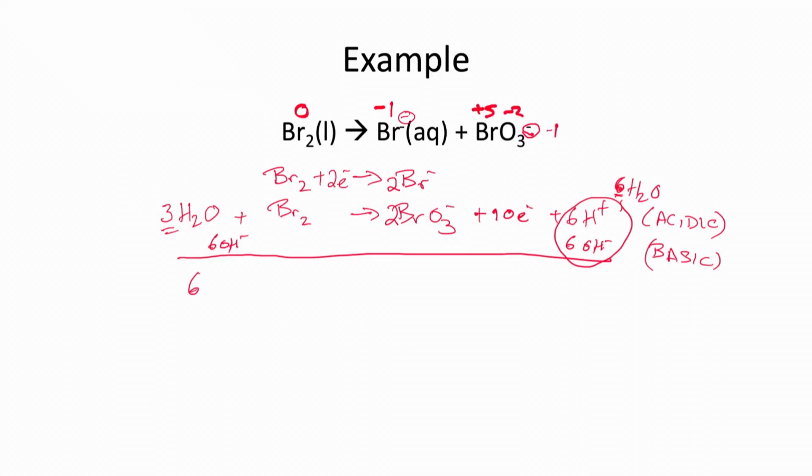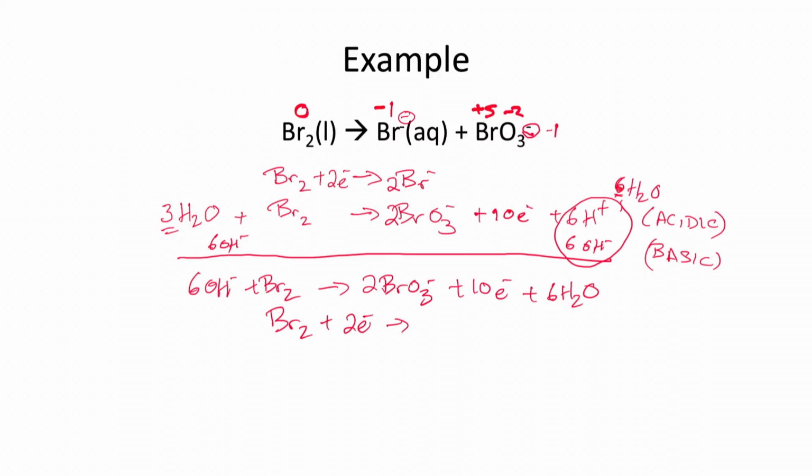So I still have 6 hydroxide ions here, plus Br2 yields 2 BrO3 minus, plus 10 electrons, plus 6 H2O. And I still have my other reaction: Br2 plus 2 electrons yields 2 Br minuses.